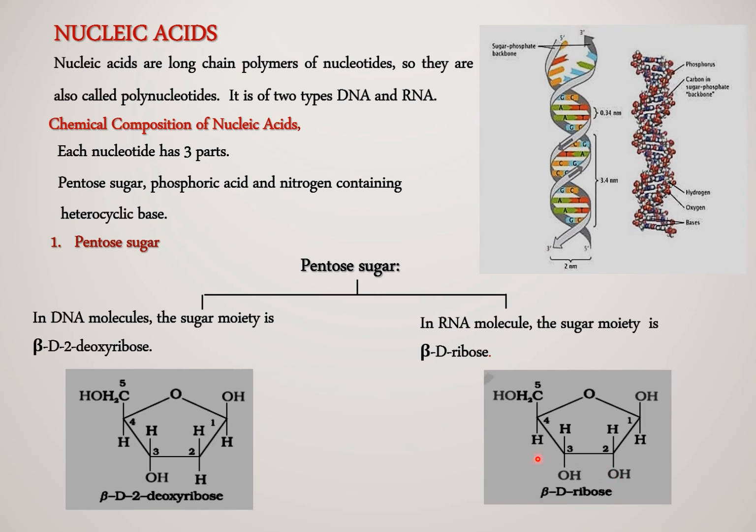If you compare it with deoxyribose, at carbon number 2 there is no OH. That's the only difference between the two. The rest of the structures are similar. So the DNA has beta D-2-deoxyribose, it's a beta configuration, and RNA has beta D-ribose as carbon number 2 has the oxygen atom in the form of OH.